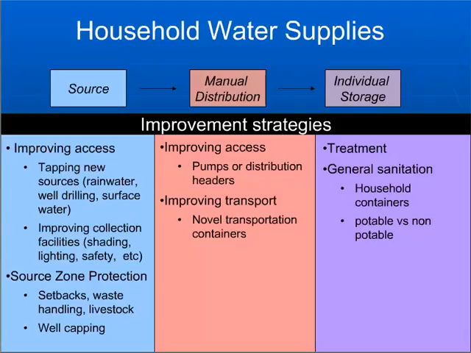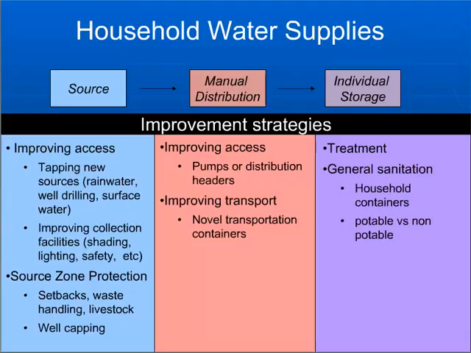So again, if we're dealing with the household model or household water supplies, there still are some basic improvement strategies that can be done from the water supply standpoint. On the improving access side, you can look at making new sources available to a community. So even if people are still going to be required to carry their water back to their house, if you make a new source available, such as a well or improving a spring, that can still be a positive benefit to the community.